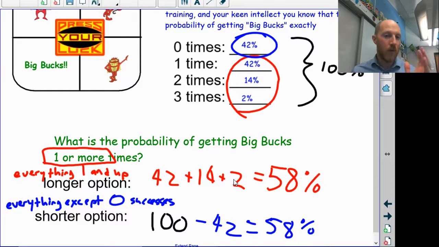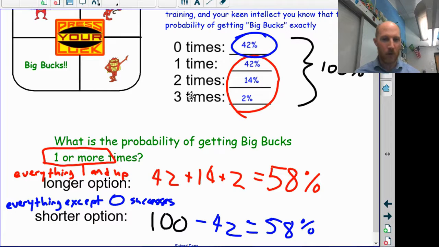If we extended the problem just a little bit, 3 spins is not really a big number. What if there were 100 spins? What if we looked over the entire course of the game show and maybe it's like 1,000 spins? Well, in a situation like that, that's a lot of probabilities to add together, because it's not just 1 success, 2 successes, 3 successes.